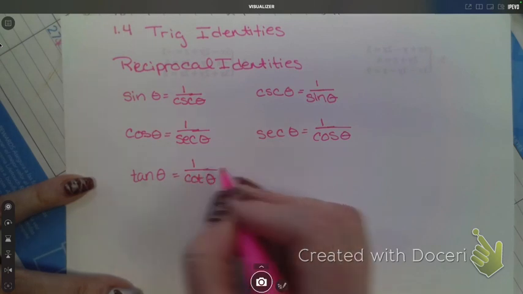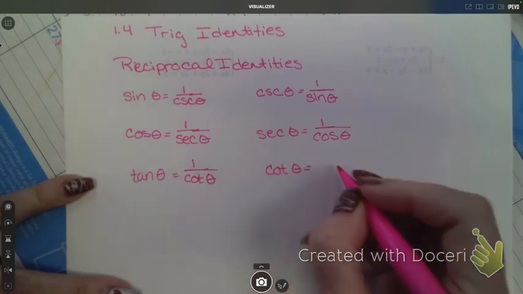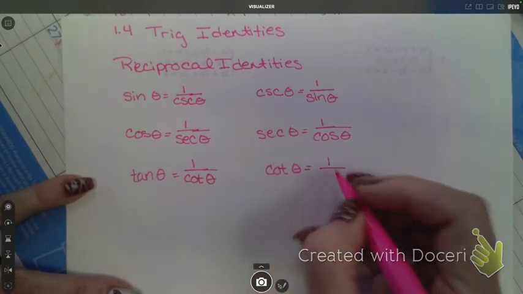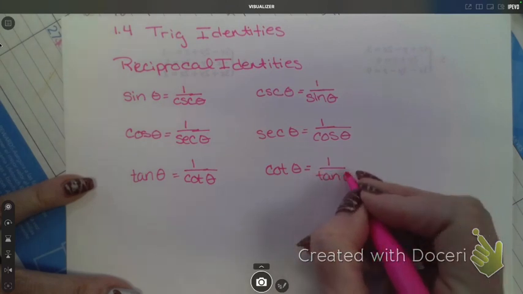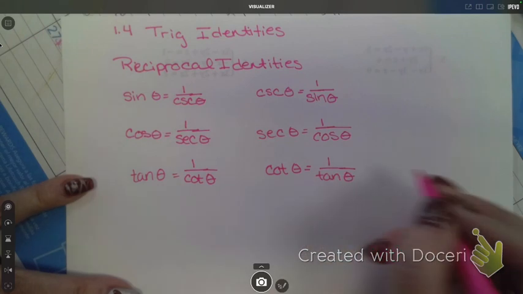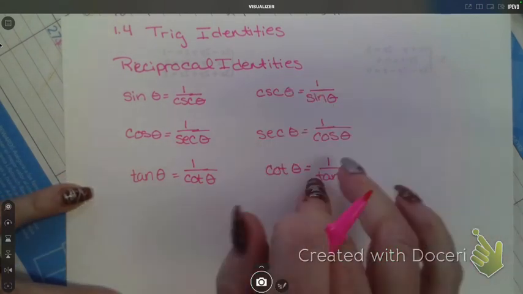And cotangent of theta is equal to 1 over tangent of theta. Now, I will tell you, you probably use the right-hand column more than you use the left-hand column, but it is a thing.